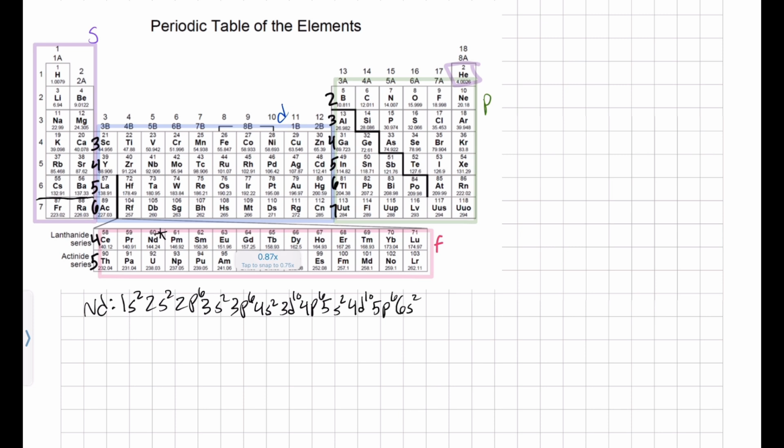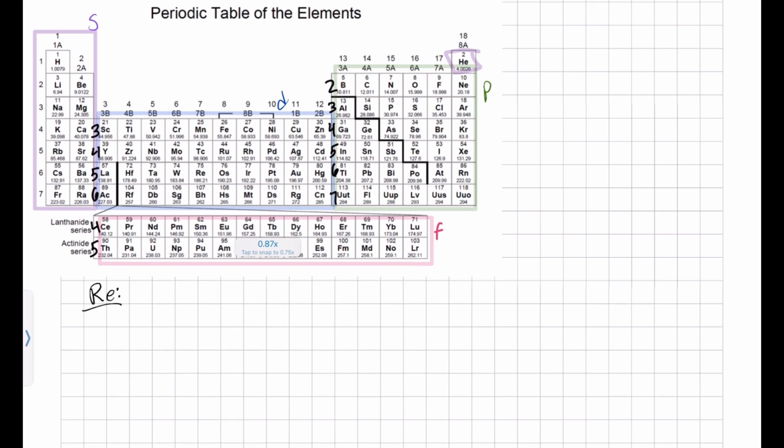When I get to 6s2, I don't go on into the d orbital. You move down to the f orbital. So over here, this is 4f. And like the others, we count, see where we stop. So this is 1, 2, 3. So this is the electron configuration for Nd.